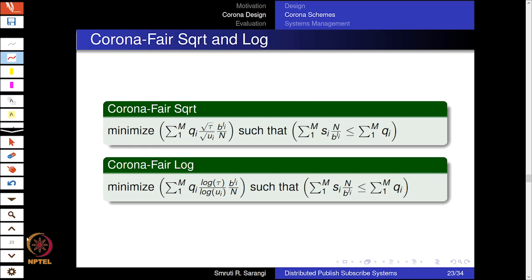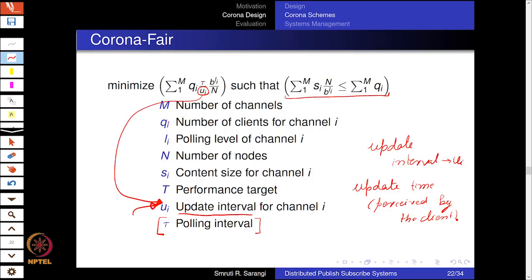So one criticism of this formula is that for very slowly changing channels, the update time can be very large, which is kind of unfair, right? So we are basically giving too much importance to UI.